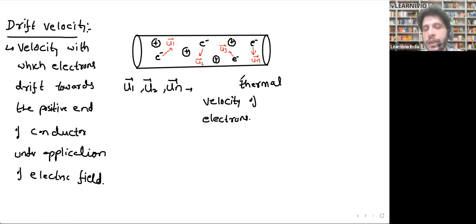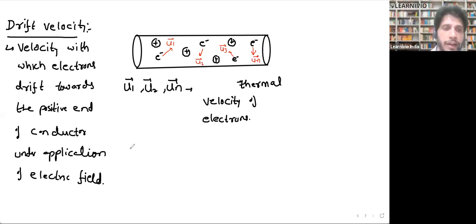From where did that thermal energy come? That came due to the temperature. Your conductor is at room temperature, so it will have certain thermal energy, and that thermal energy will give thermal velocity to electrons. But the average of this velocity is 0.